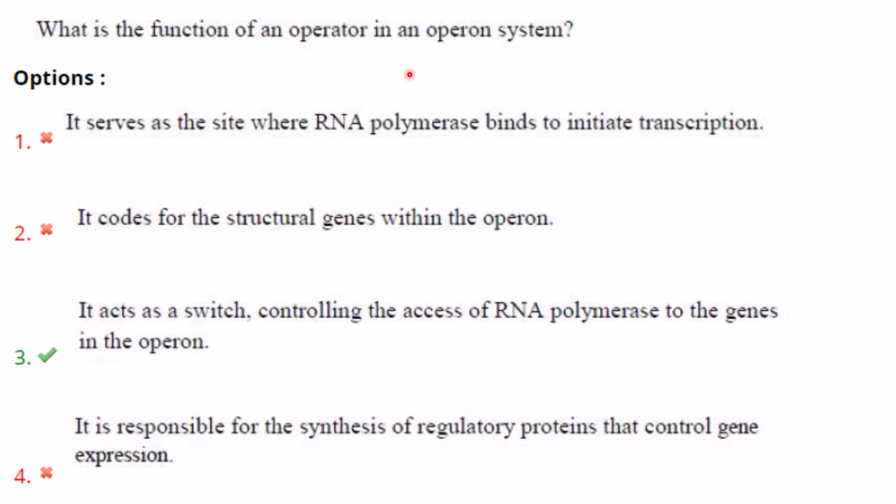If the repressor is released from the operator, then RNA polymerase can bind to the promoter, thereby turning on the structural genes. So it is just like a switch, switching off or switching on the expression of structural genes.